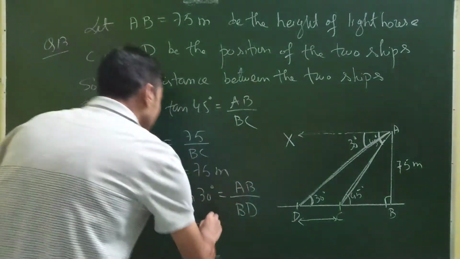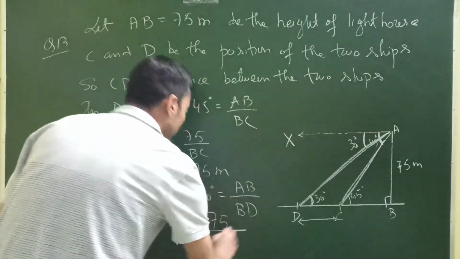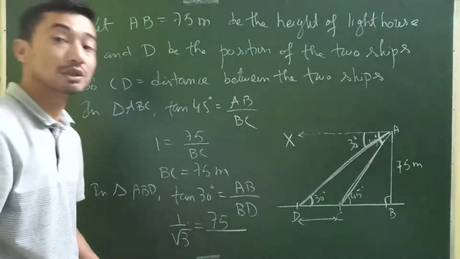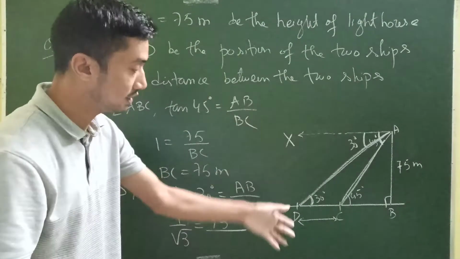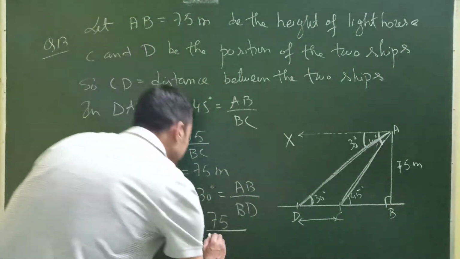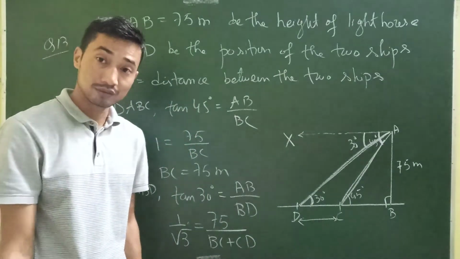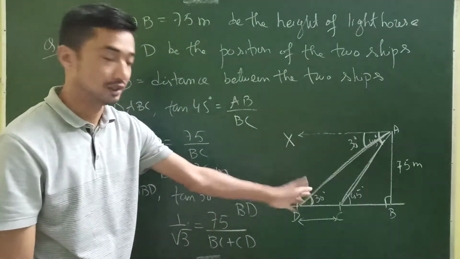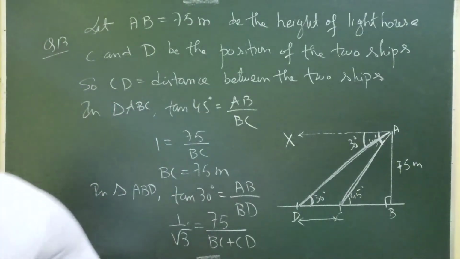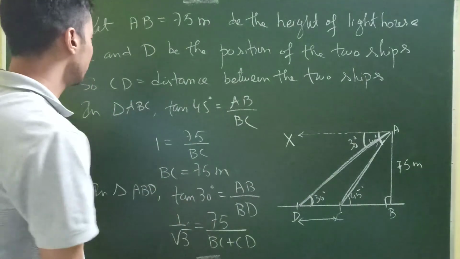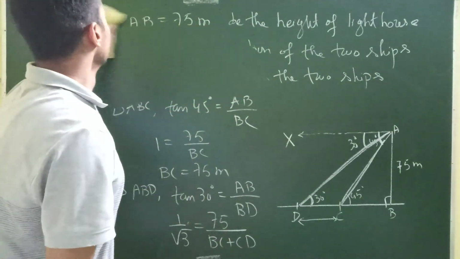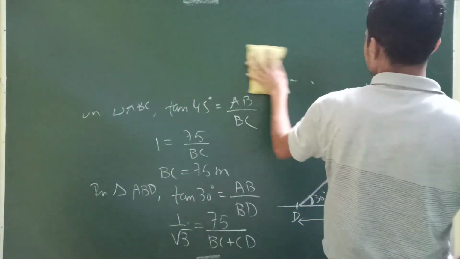AB we already know, that is 75. What is BD? We don't know, but BD we can write as BC plus CD. What do we have to find out? CD. You have your figure solution already. So done, no?